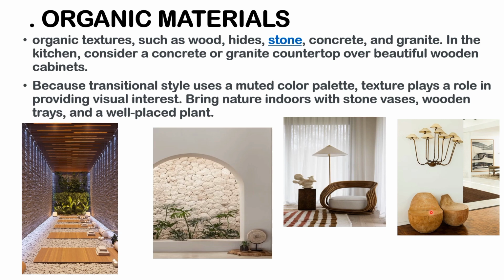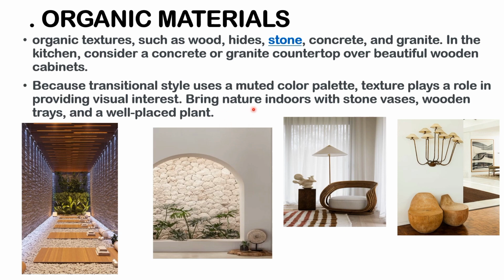So naturally made materials are used over here to achieve the organic textures of particular materials. Because transitional style uses a muted color palette, texture plays a role in providing visual interest. So if you're using a muted color palette, these textures are really going to add a very good touch to your design style.